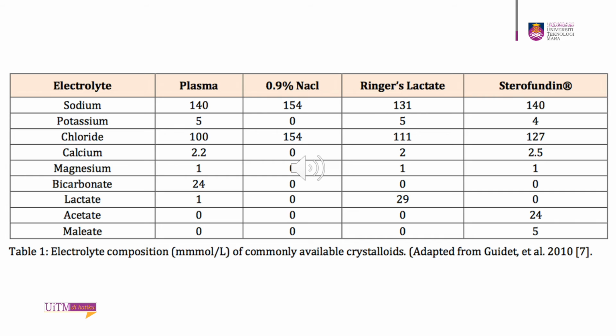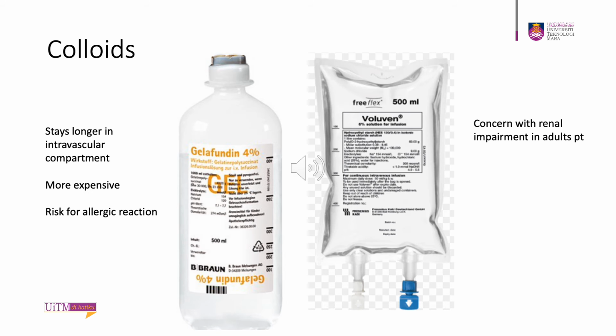But we do know a few things for a fact that fluid stays in different compartments in our body. Another important type of fluid that we commonly use is colloid.